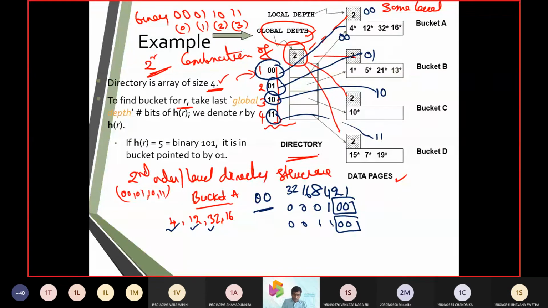Next, I take 32: 1 0 0 0 0 0, so again 0 0. Next 16: 1 0 0 0 0, so 0 0. Now you should understand that the last two positions for all of these entries are 0 0. That is the reason why they are put in this bucket.